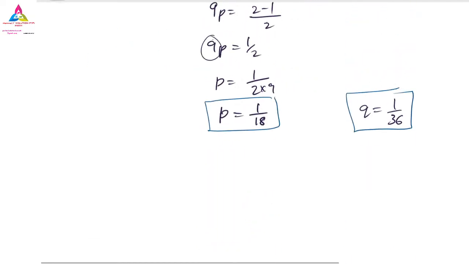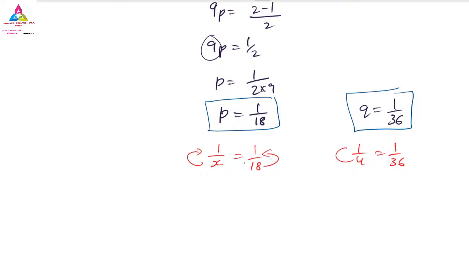So substitute: 1 by x is equal to 1 by 18 and 1 by y is equal to 1 by 36. So the final answer will be x is equal to 18 and y is equal to 36, because we have to find the x and y values and we have found that.